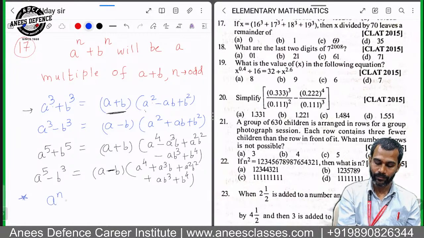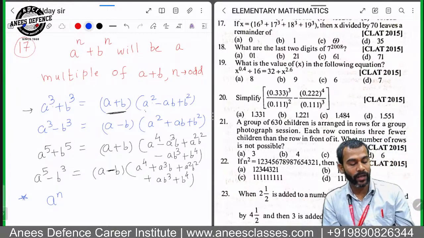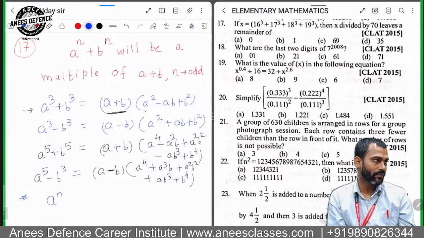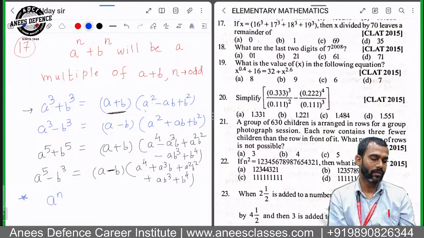A raised to n plus b raised to n. If n is odd, there will not be any factor. Yes or no? A raised to n plus b raised to n. A square plus b square will not have any factor. There is no factor of a square plus b square.